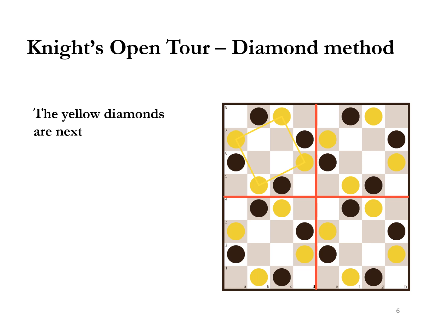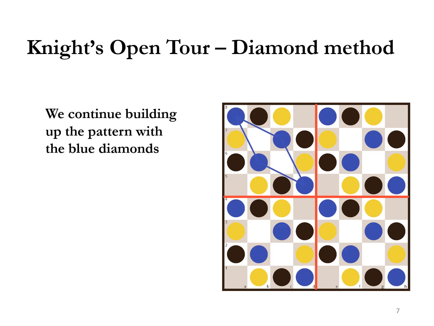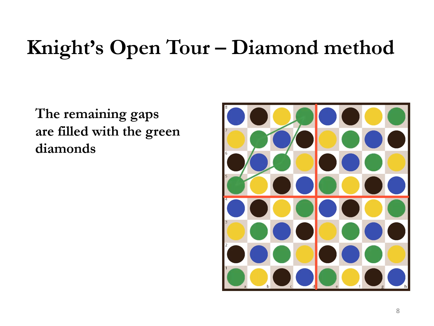Note that every quadrant is filled with diamonds in the same way. We continue building up the pattern with the blue diamonds. The remaining gaps are filled with the green diamonds.